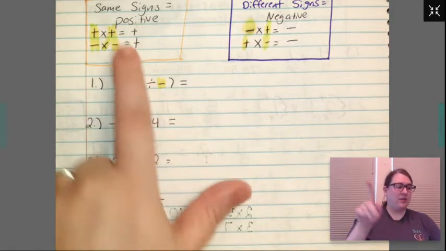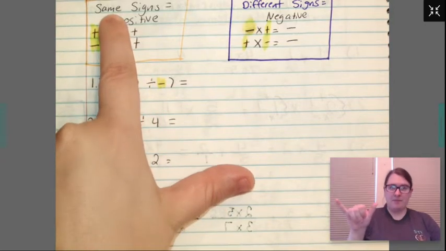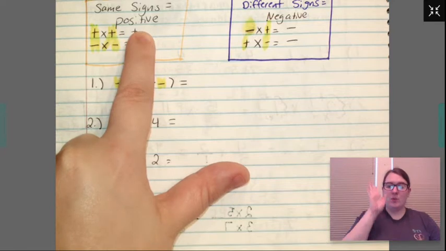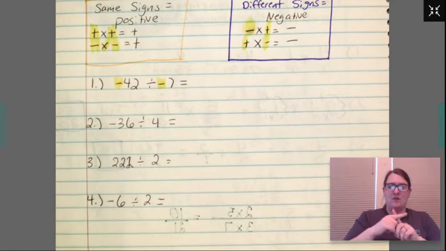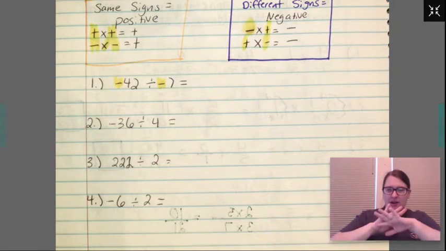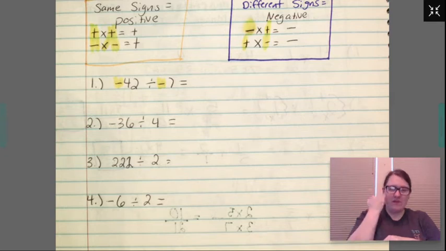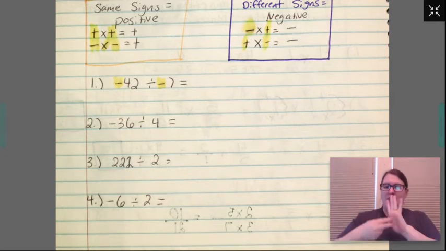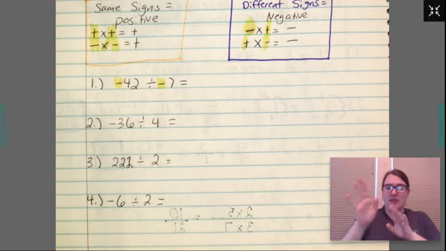Okay, so they're the same. So the answer will be positive. So I don't have to write the positive sign next to my answer because it's understood if it doesn't have a negative, then it means that the answer or number is positive.